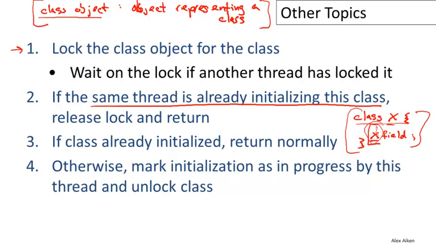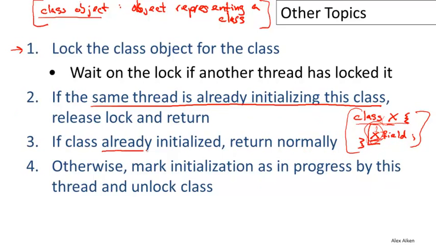And if we have a recursive structure here, with the same class mentioned in a field as the name of the enclosing class, then we will get this situation where the thread initializing the class may attempt to initialize the same class again. So if we discover that we're already initializing this class, we simply release the lock and return.